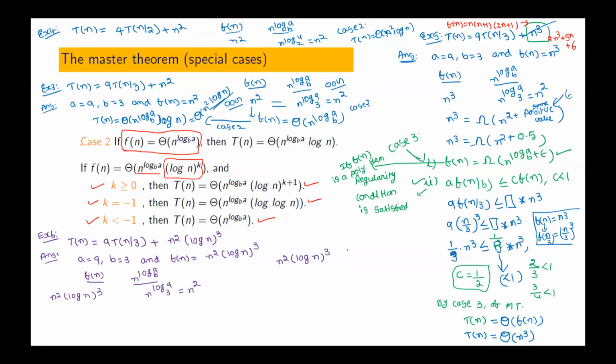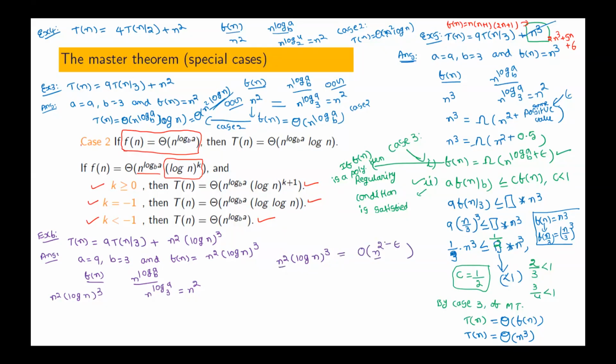That thing will be clear now. This is f of n. Can we write it as big O of n power log 9 base 3 minus some epsilon? Is it possible to write it like this? N square has the same order of growth, but log n whole cube is there.